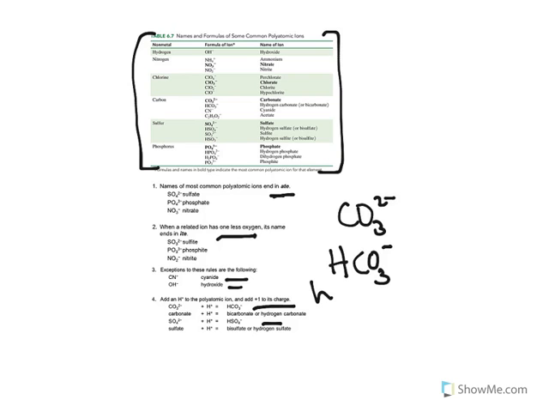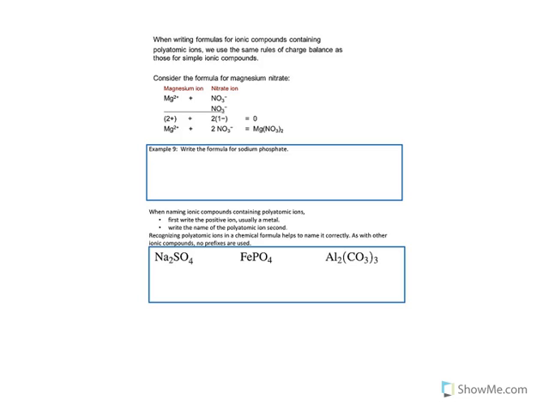And its name is now hydrogen carbonate. So anytime you add a hydrogen to a polyatomic ion, the name stays the same. You add hydrogen in front of the original name, and you add a +1 to its charge. Again, these are really important, and you should know the names in this table of these common polyatomic ions.